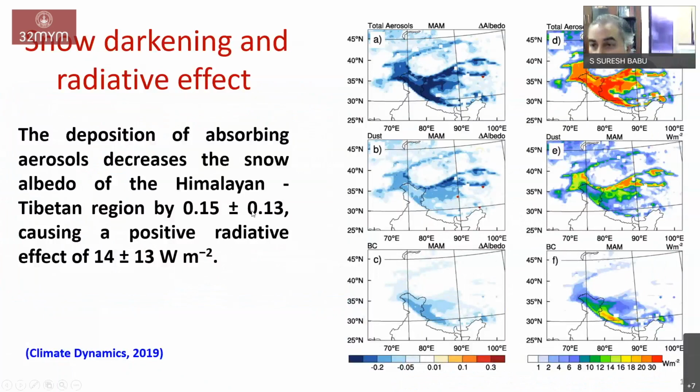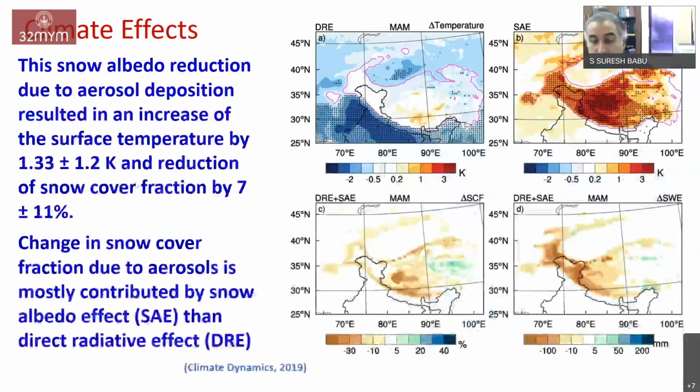It's about 0.15 plus or minus 0.13, which leads to a positive radiative forcing in the atmosphere of about 14 watts per meter square, which translates to a heating of about 1.33 Kelvin. Based on our observations and the regional climate model, we could derive this, and it is affecting the circulation pattern also. This change in snow cover due to aerosols is mostly contributed by the snow albedo effect rather than the direct radiative effect. Now, before concluding, I have a few seconds.